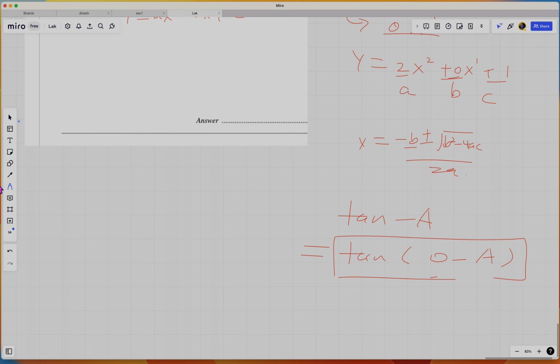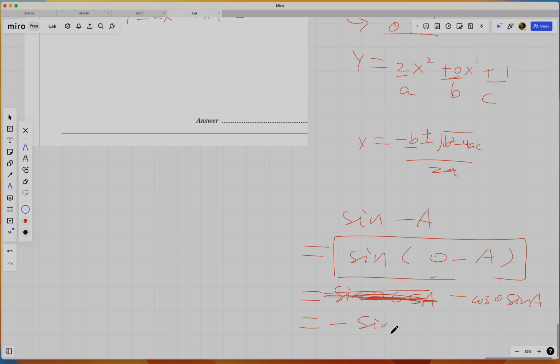I cannot remember the tangent formula, so let's use sine to do this question. Let's say sine of 0 minus a. Then you open a bracket: sine 0 cosine a, minus cosine 0 sine a. So sine 0 is 0, cosine 0 is 1, so it's minus sine a.